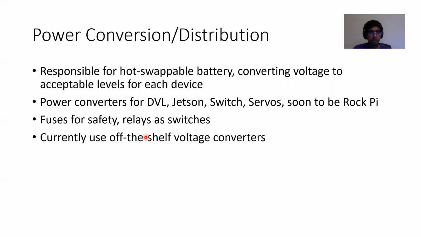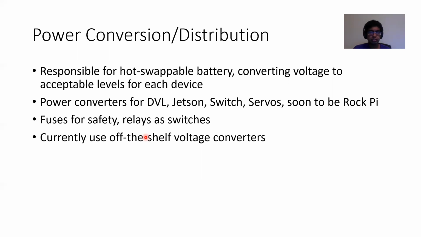Currently our battery sits at somewhere between 14 to 20 volts during the run. Due to the LiPo batteries, they can be any voltage in between, but our various components use different voltages, and so we require power converters to convert the voltage to those.